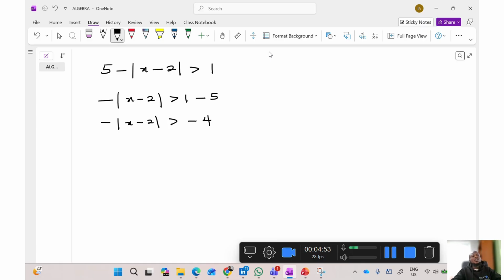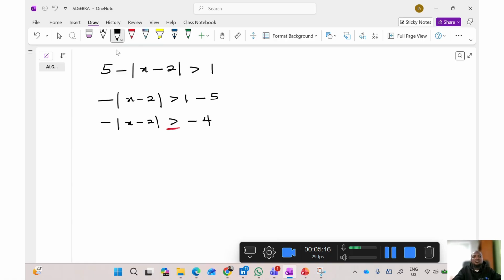If you have studied inequality before, we can multiply by minus on both sides. That will cancel out this minus, but we affect the inequality sign. So you can revise your inequality rules if you have forgotten.